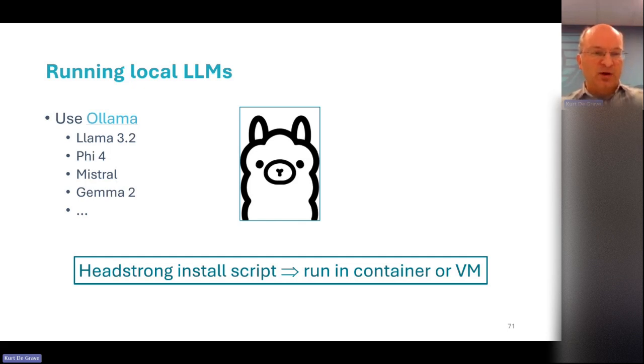So in Ollama, you can use any of the popular open weight models like Llama 3.2 from Meta, Phi-4 from Microsoft, Mistral models, Gemma from Google, and so on. Now the install script is a bit headstrong, so it's best to install it inside a container or a VM.